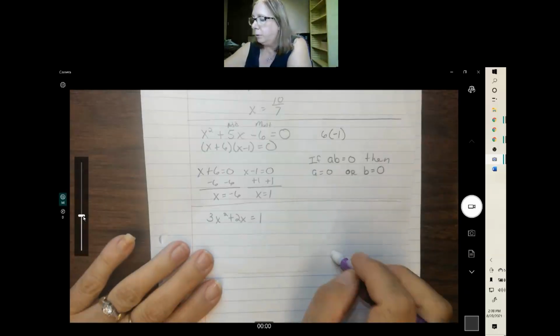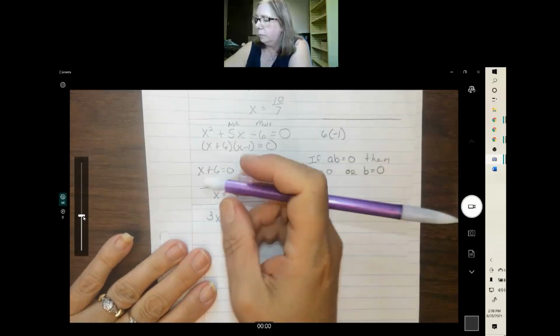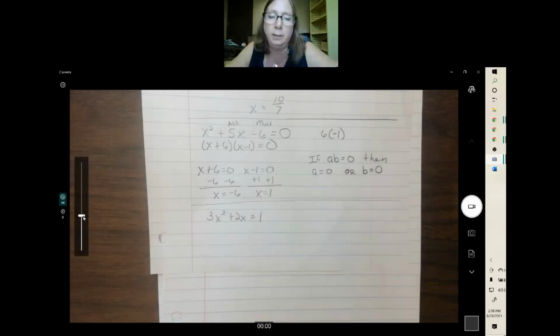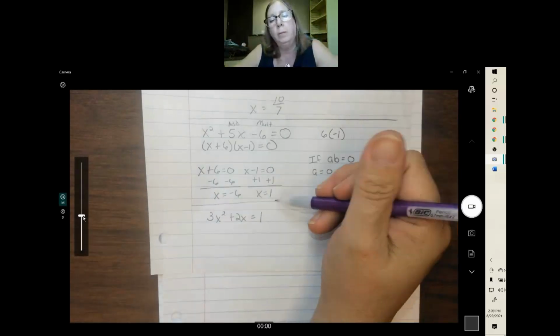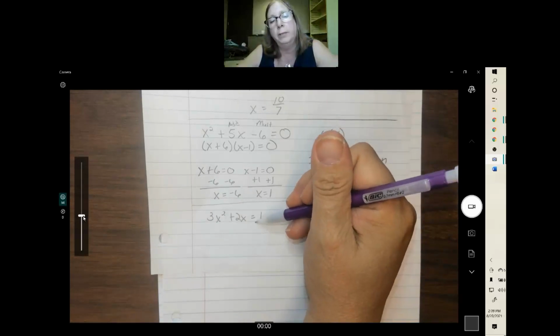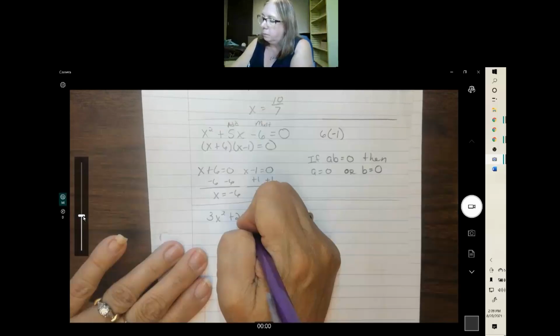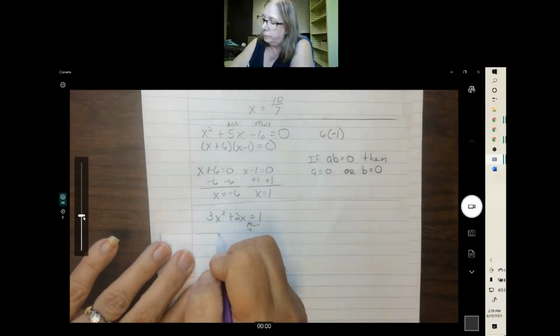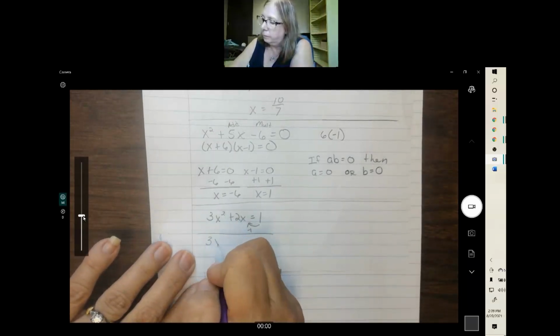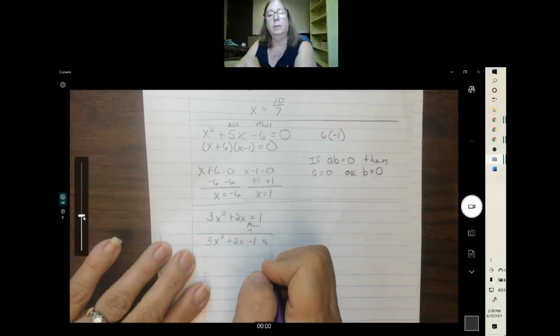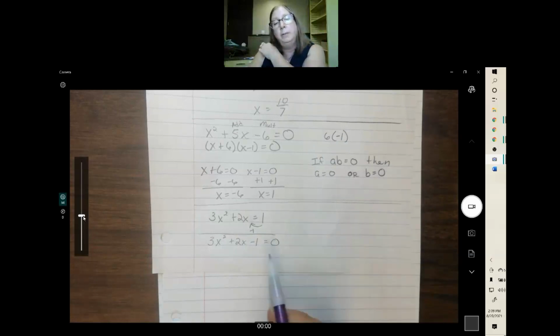Okay, again, we have a squared term. So we need to get the equation set equal to 0 and then factor. Since it's equal to 1, we need to subtract the 1 to the other side. There's no like terms to combine, so it's 3x squared plus 2x minus 1.